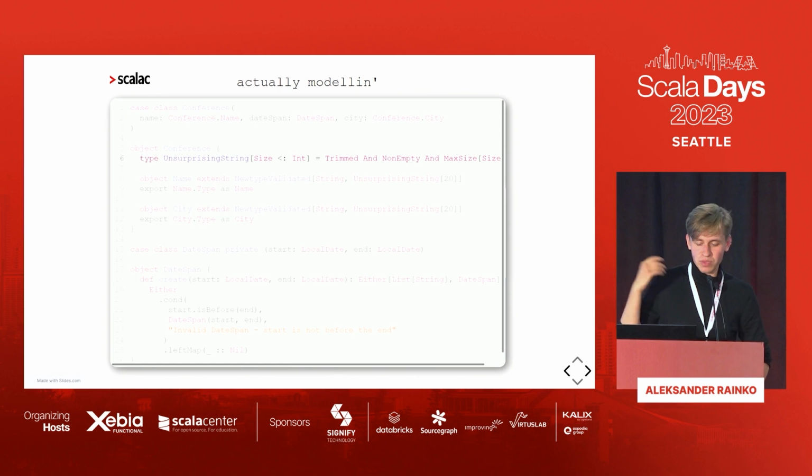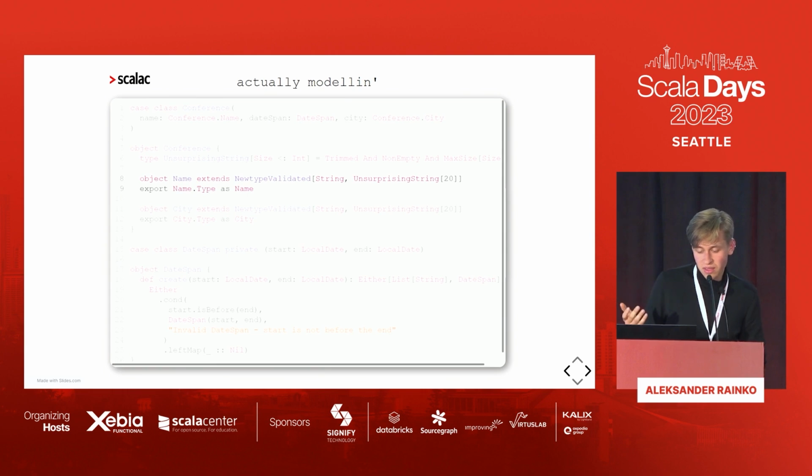So when I say unsurprising string with a size of something, I mean that this string is trimmed, it's not empty, and it has max size of something that we pass in here, right? So a name is just a new type over a string that has a max size of 20. It's trimmed, it's not empty. And city is basically the same, right?